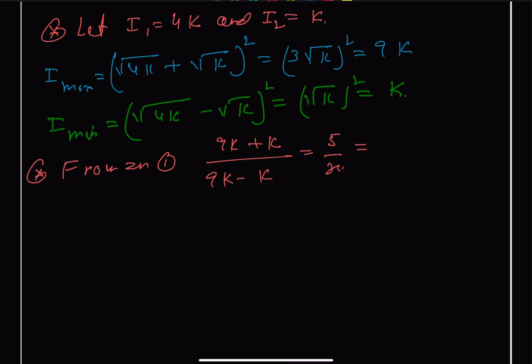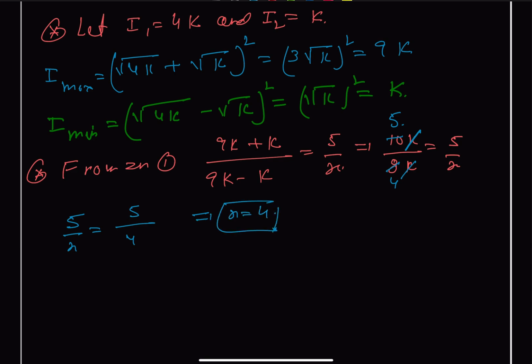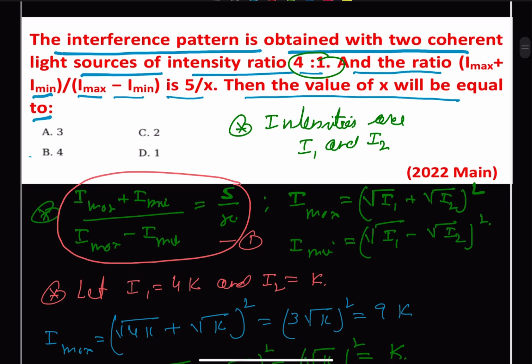So this will be coming as 10k upon 8k is equal to 5 upon x, and here k and k goes away, and this goes by 2 and this goes by 5. So this gives us that our 5 upon x is equal to 5 upon 4, giving us that our x is equal to 4.